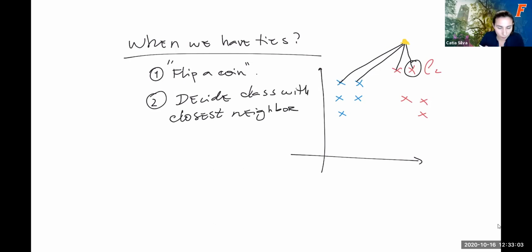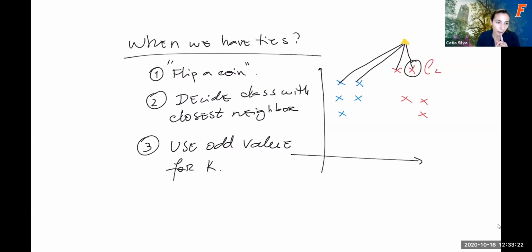So Eric is making a great point. Another strategy is to use an odd value for the number of neighbors. Okay, so use an odd value for k. But be aware that if we have 3 classes, even with an odd value, we can have a tie.